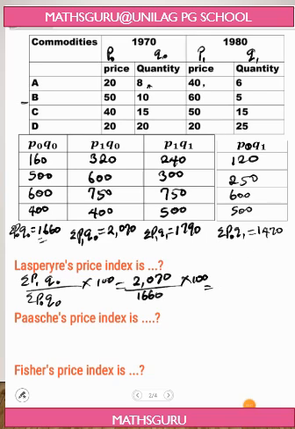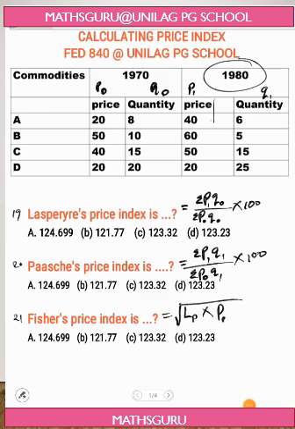We're going to have 124.6988 and so on. When we approximate this, we're going to have 124.699. Let's check for our answer. This will be equal to A, which is 124.699. So the correct answer is A.